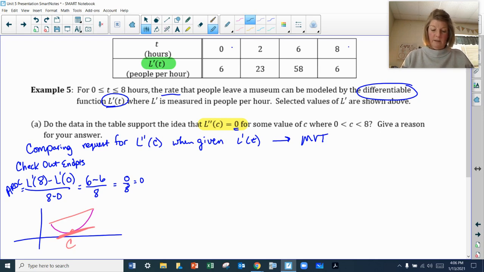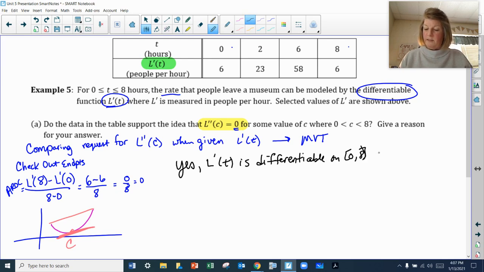Give a reason. Do the data in this order. Yes. L prime of T is differentiable. Let's hit that hypothesis first. Is differentiable on 0 to 8. Oops, closed. And L prime of T is continuous on 0 to 8. MVT applies.